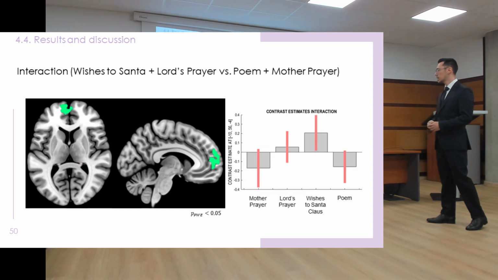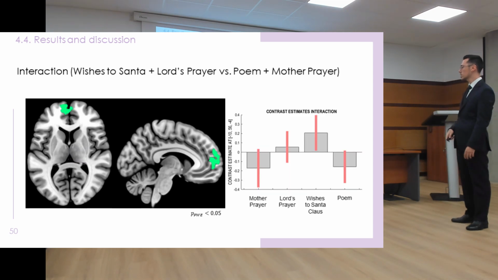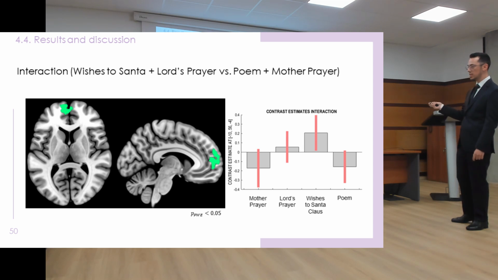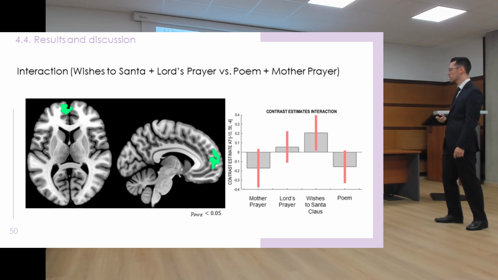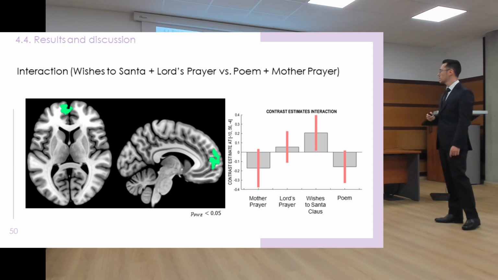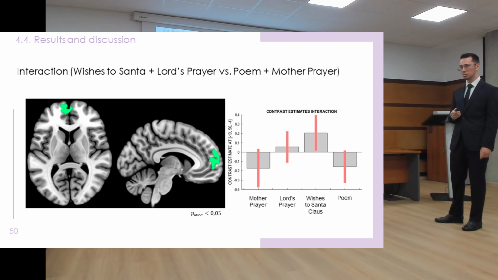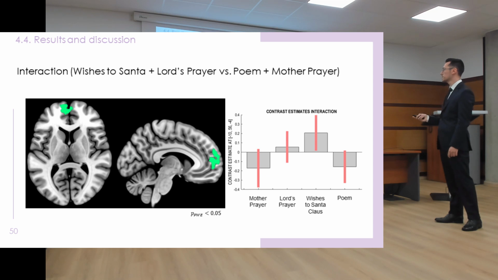We also found an interaction effect in the medial prefrontal cortex. Here the graph on the right shows the average activation for each task in this region. As we can see, different combinations of prayer and improvisation or not activate the medial prefrontal cortex differently. And in this case, this result can be associated with the mentalizing and social judgment functions of this region.